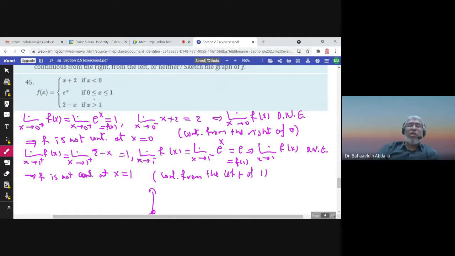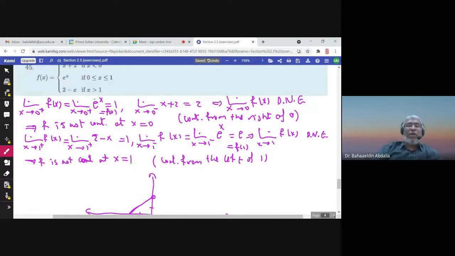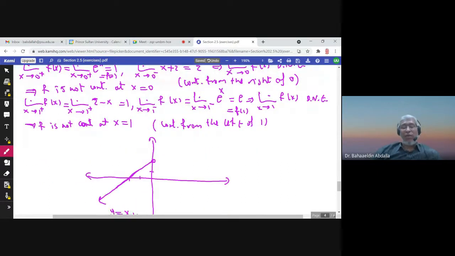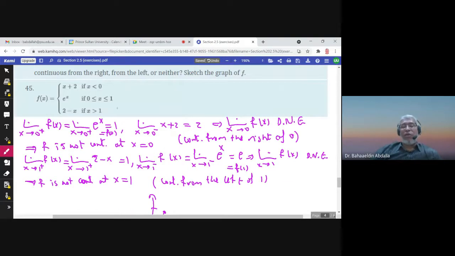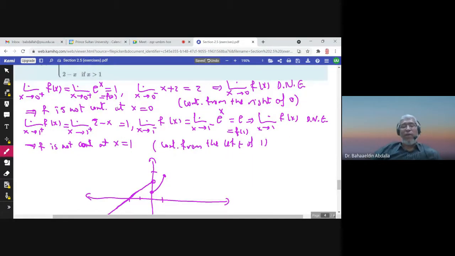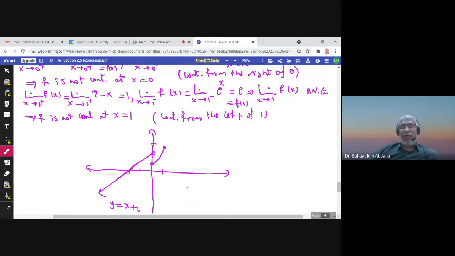Between 0 and 1, there is equality, and the function is e to the power x. So e to the power 0 is 1. It's closed here. And at 1, e to the power 1 is 2.7, so it's here. So this is the graph of e to the power x from 0 to 1. 2 minus x, I graph it when x is greater than 1.